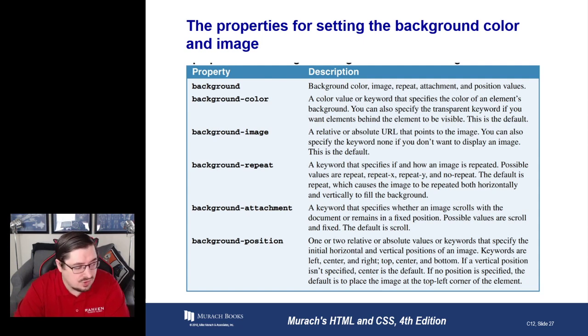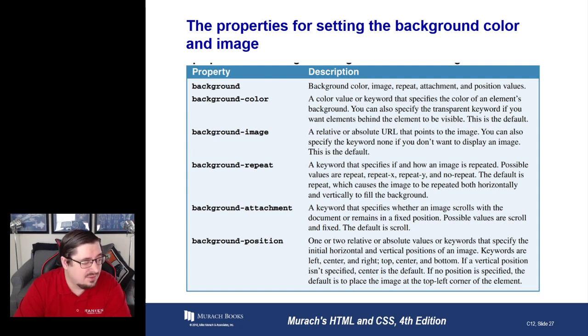Background color, if I just want to set the background to a specific solid color, that's what I would use. So I could maybe say background color red, and that would set the background of the element to red. I could set the background of the element to an image, and that's where I would use background image.